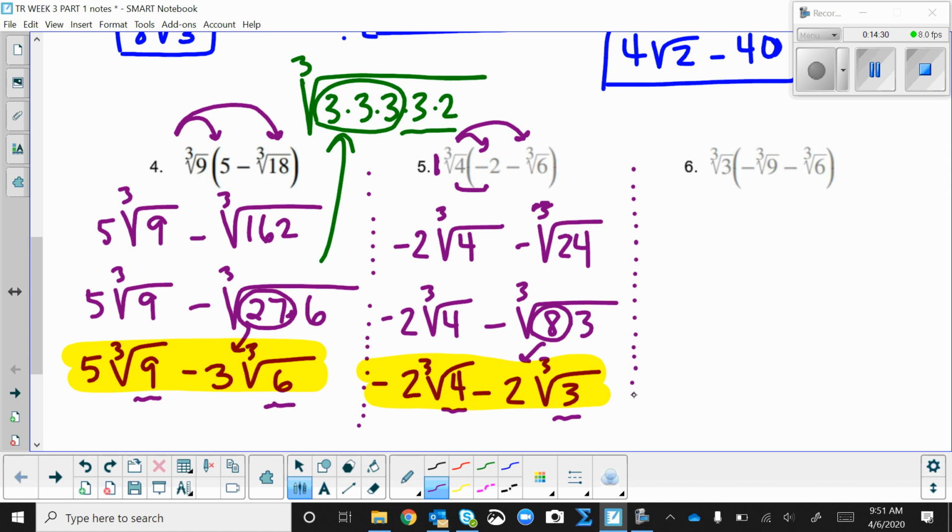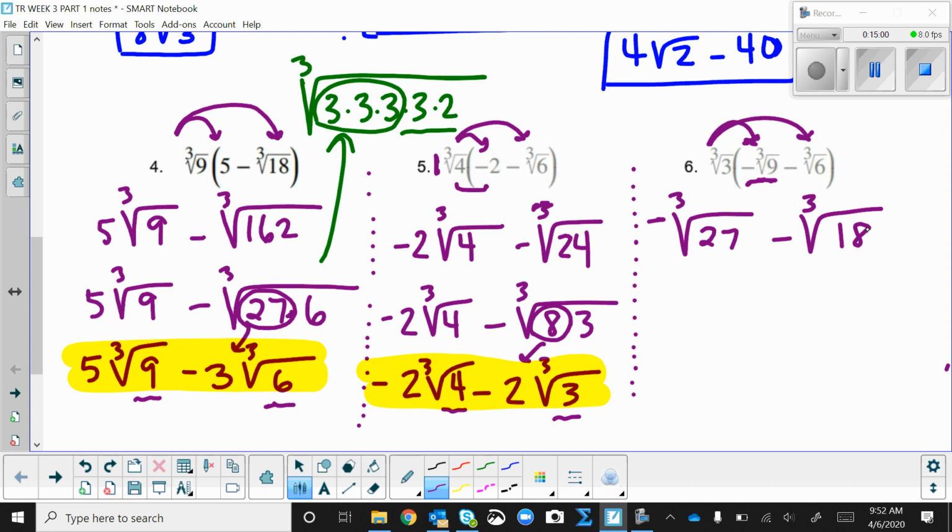So distribute, distribute. I've got negative, there's a negative outside this radical here. Negative cube root of 27 minus the cube root of 18.